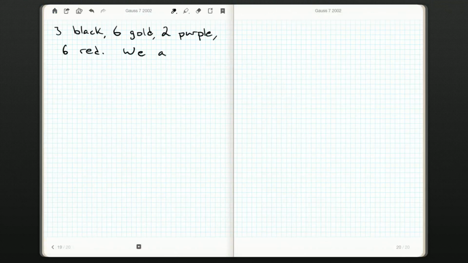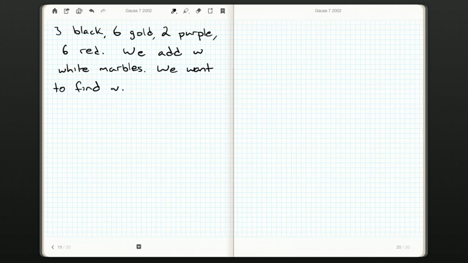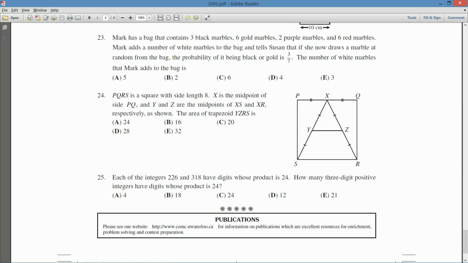I'll check that in a moment. So we add W white marbles. We want to find the value of W. Let's just double check: 3 black, 6 gold, 2 purple, and 6 red. Okay, so we've got the right numbers here.